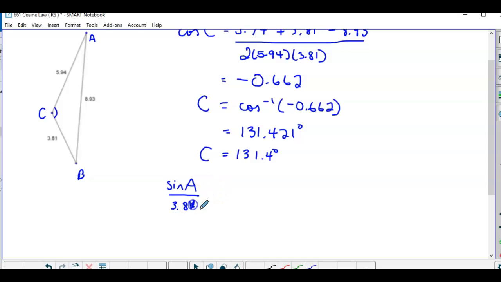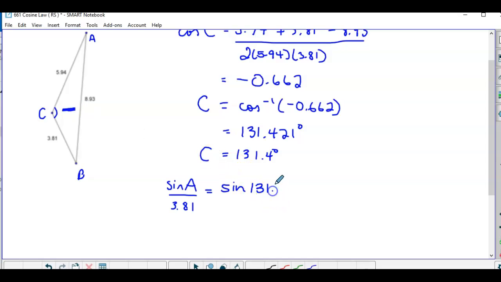Then what do I know? I know sine of the angle opposite. So I want to match up, right? So that's now a match up.